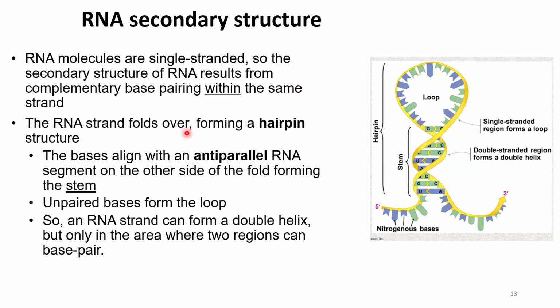Sometimes they just fold over, forming like this hairpin loop, and this anti-parallel segment ends up folding over each other like a little loop. The unpaired bases end up forming a loop, and then the RNA strand ends up forming this double helix kind of areas where the two regions can actually do a base pair.